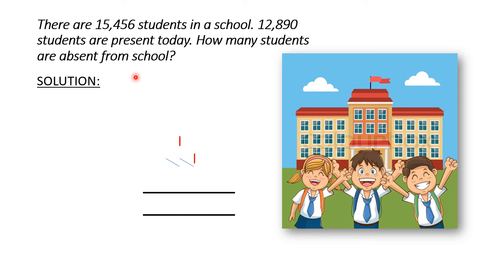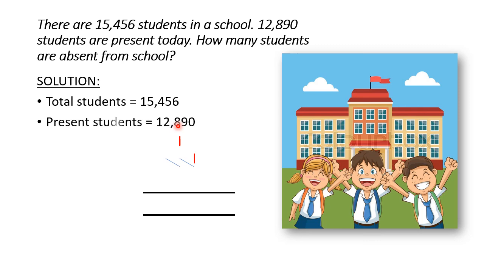For the solution, again, we have to write down the statements. So, our first statement will be total number of students, which are 15,456. Our second statement will be the present number of students, that are 12,890. Now we will subtract the present number of students from the total number of students to find the absent number of students.